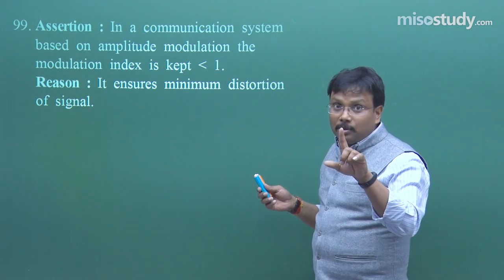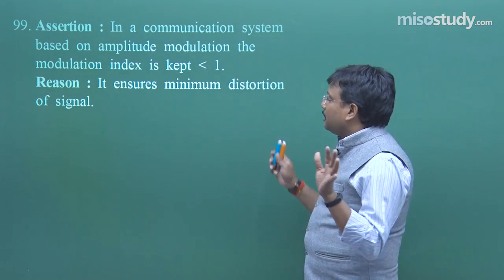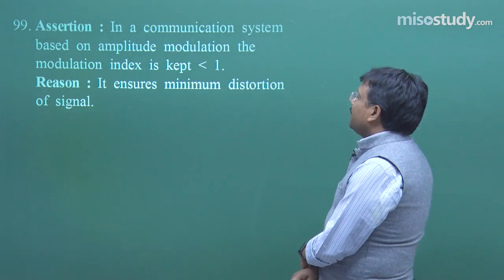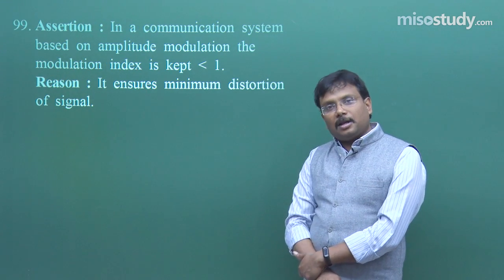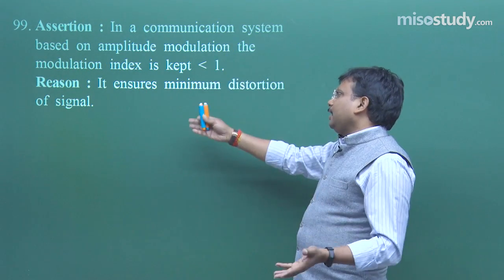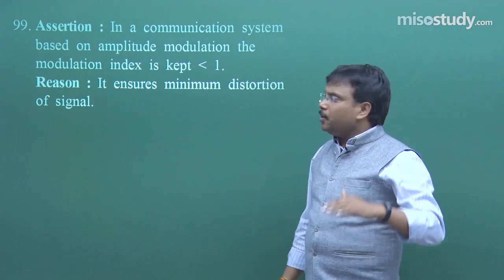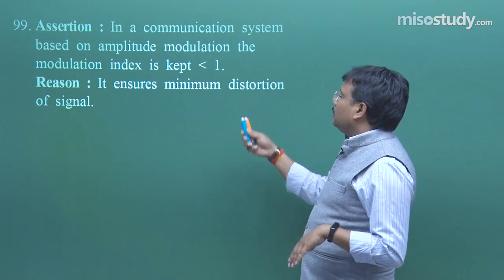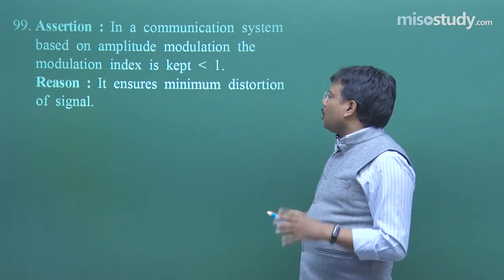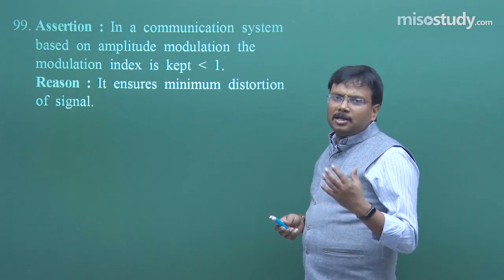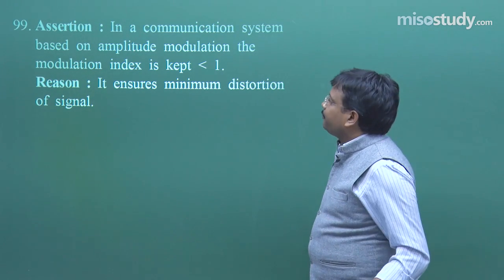So, that was also less than 1, so it is kept less than 1. It ensures minimum distortion of the signal. So, both are correct, and it is also explaining why it is always kept less than unity, so that noise and distortion signals are not present.